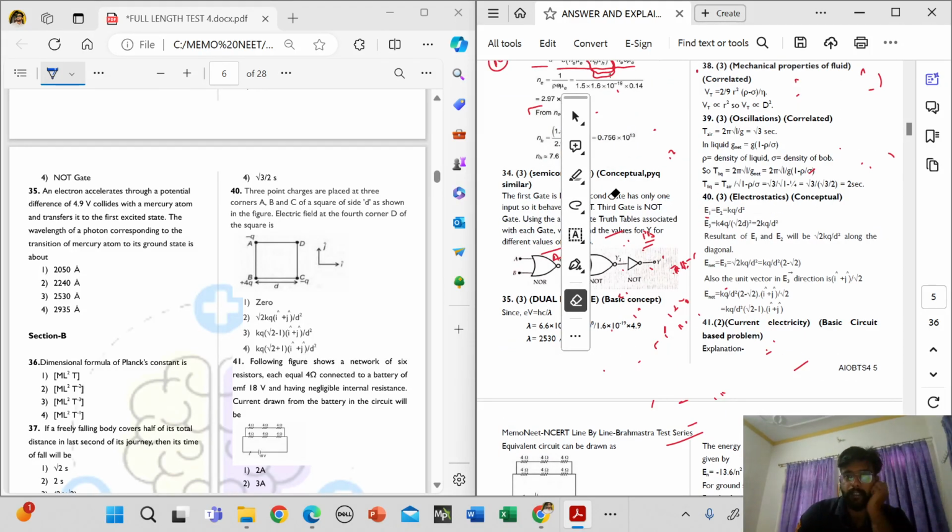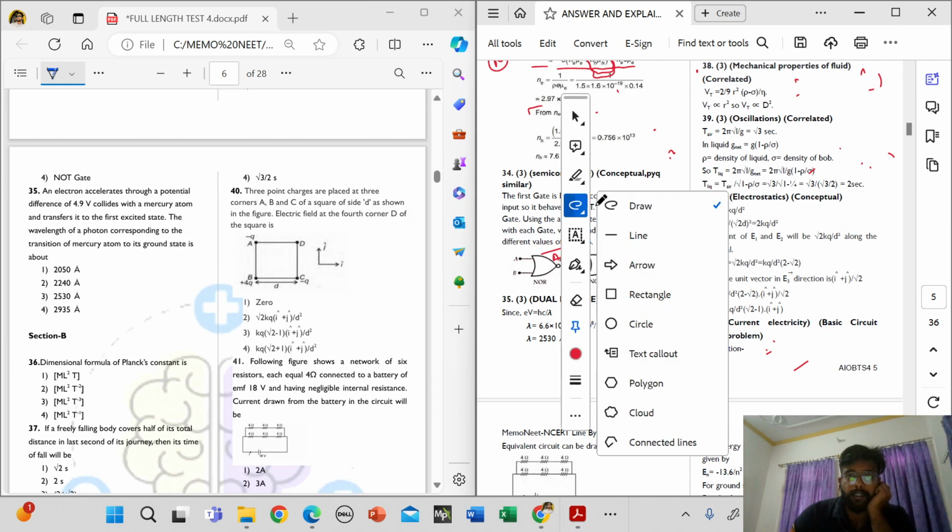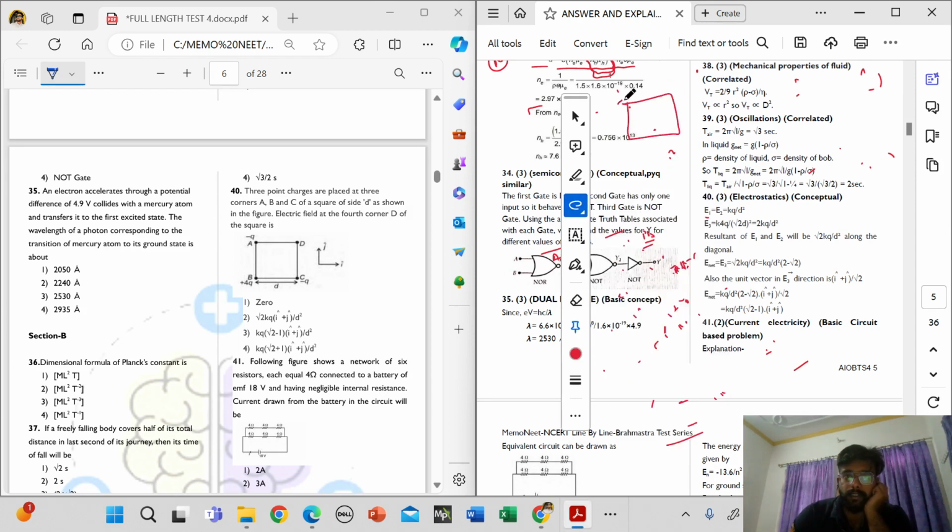This one is from electrostatics. These are the four charges: minus Q, plus 4Q, minus Q. The distance is D, the whole distance is D. For a minus charge, the direction of the electric field will be inward toward the charge, and for the positive charge the direction will be outward.